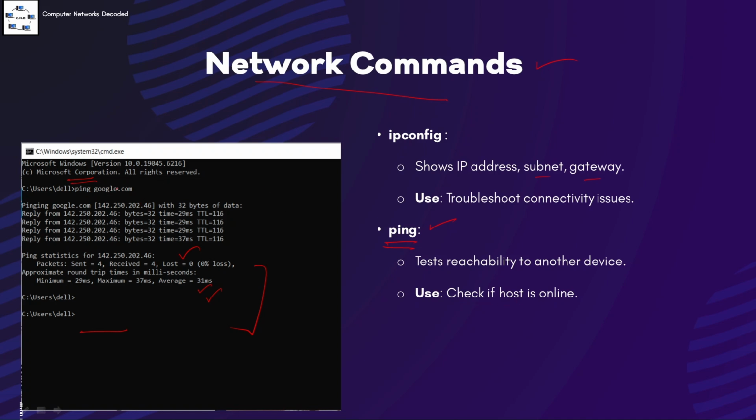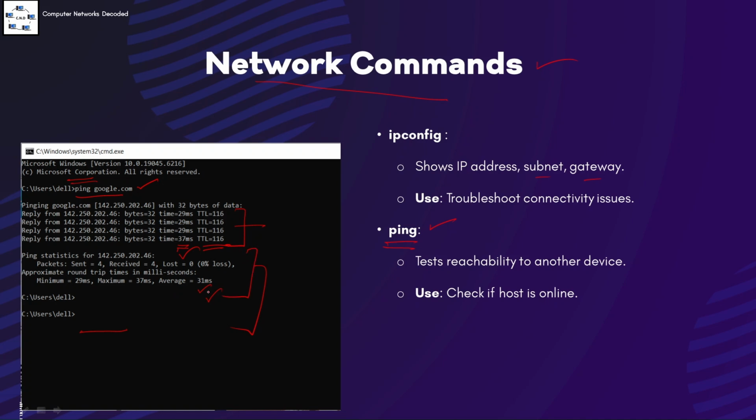For example, if you want to check whether the google.com server is alive, you can check this using ping google.com, and it will show you if the reply comes from the server, it verifies that the server is alive and reachable, and it also shows other information such as the delay from your machine to the server, as well as the TTL, which is time to live. And we will discuss this if required in the coming slides.